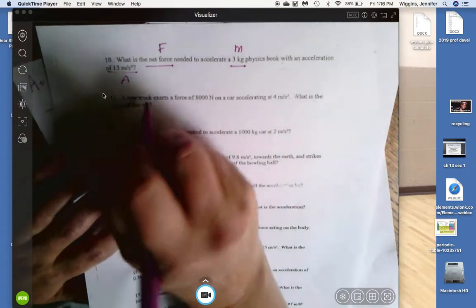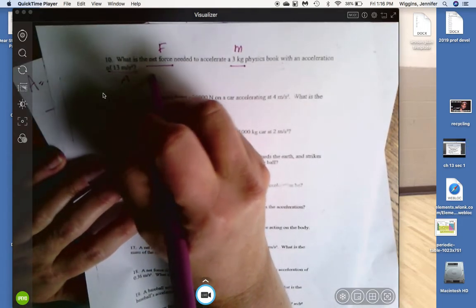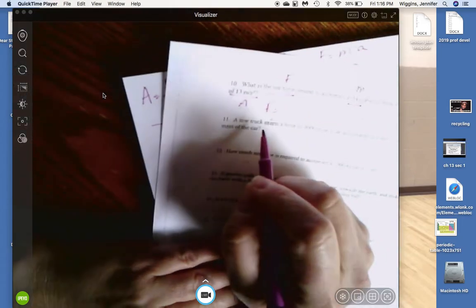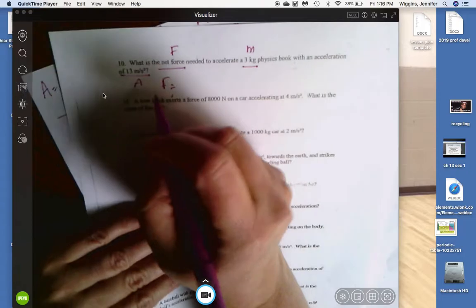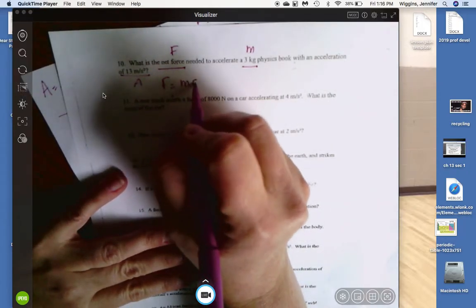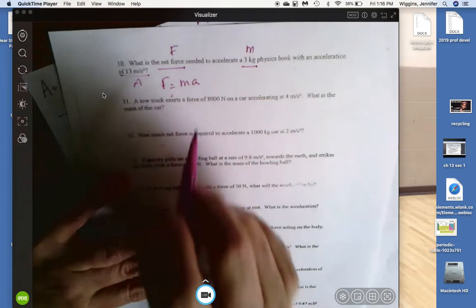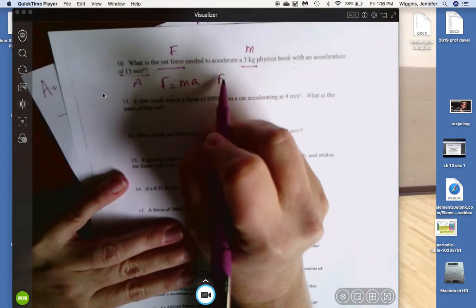So what I would do is use my force formula. Force equals mass times acceleration. So my force is what I'm looking for.